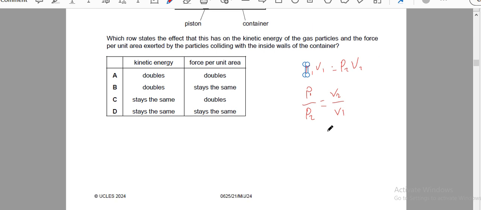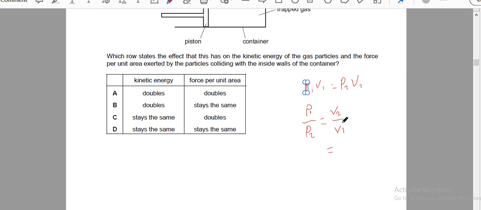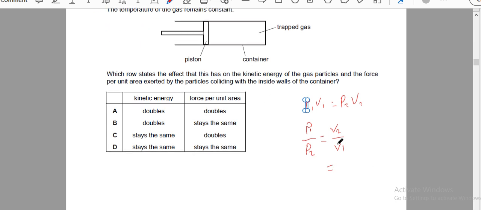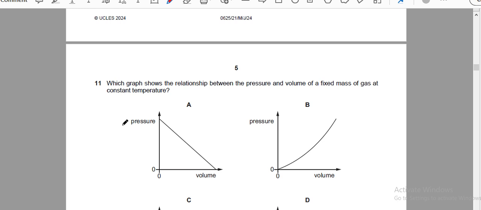So V2 is 100 and V1 is 200. This ratio is half, which means that P2 equals 2P1. So pressure doubles and kinetic energy remains constant because temperature is constant.